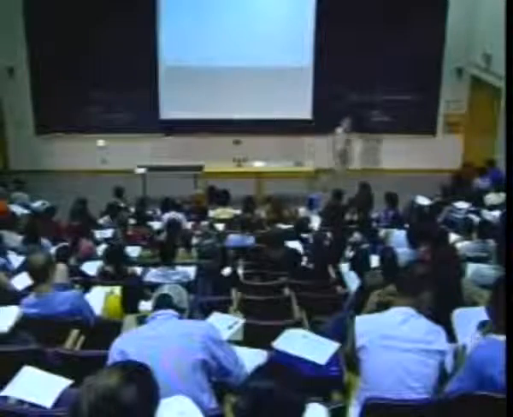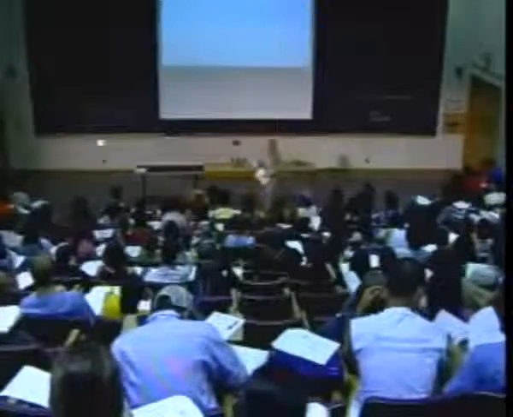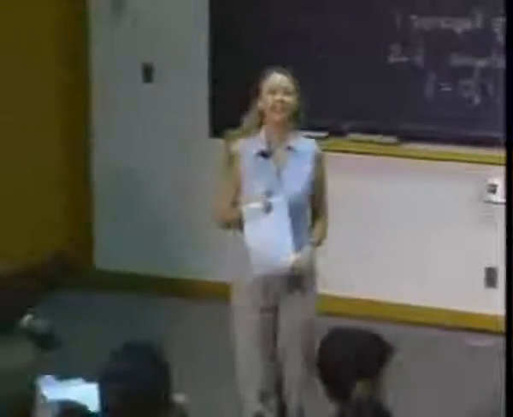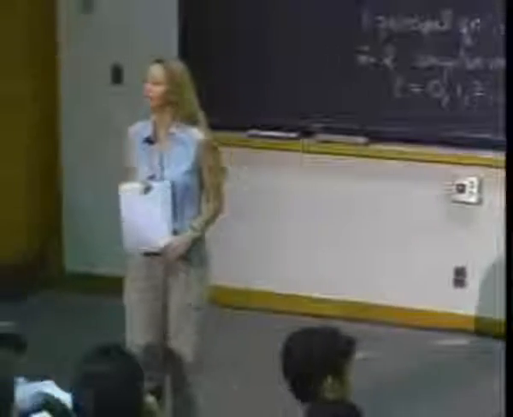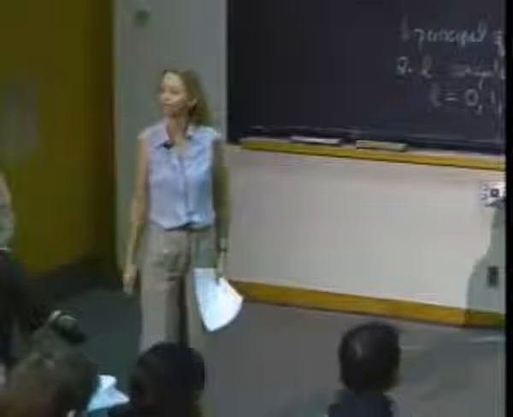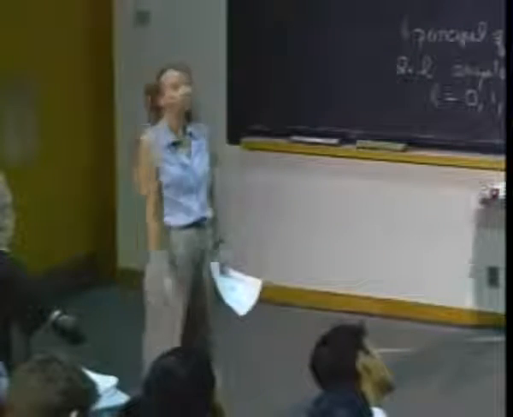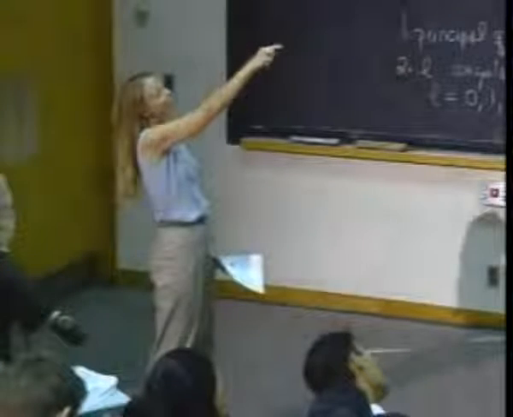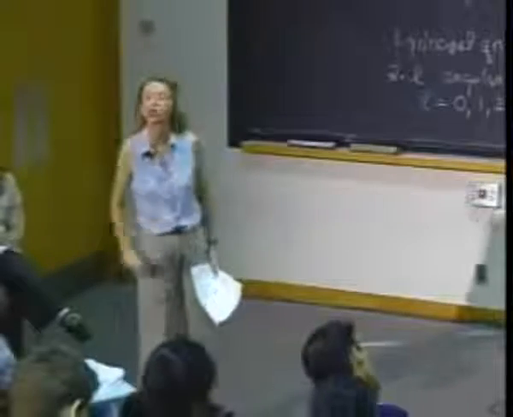So, probability density. What I'm going to do is represent the probability density here by a density dot diagram. So I'm going to take my 1s orbital, my 1s wave function, or my psi 100 wave function, and I'm going to square it.